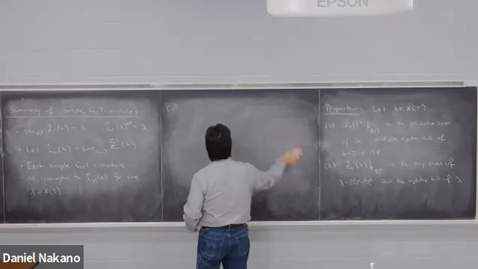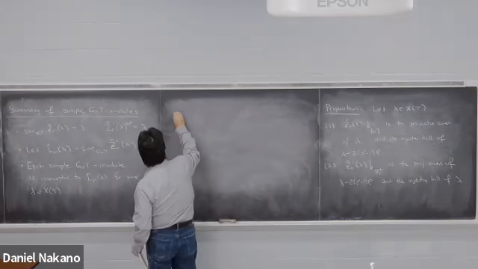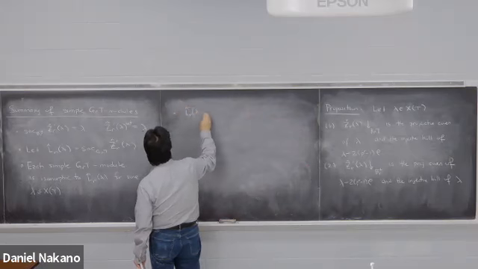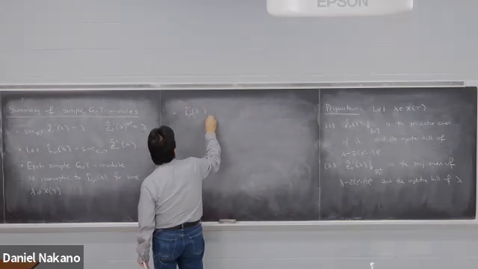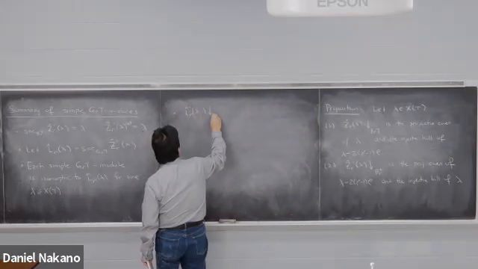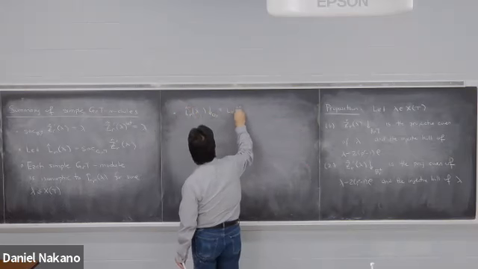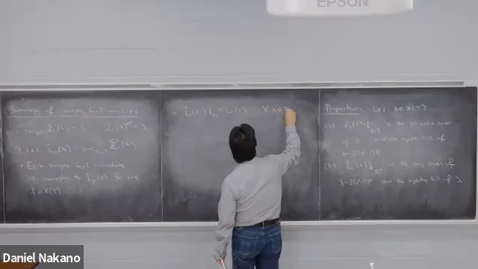So another property: if I take LR hat lambda and restrict it down to GR, this is isomorphic to LR lambda. This is for all lambda in X1T.